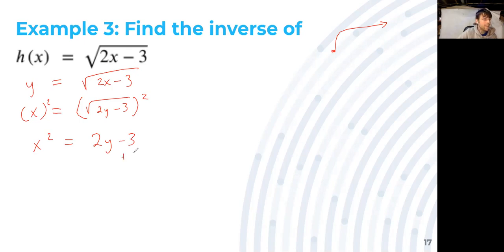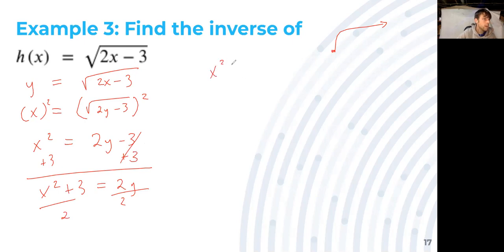I'm going to go ahead and add 3. So I get x squared plus 3 equals 2y. And I'm going to divide by 2. So that I get x squared plus 3 all divided by 2 equals y. So that's my inverse function.